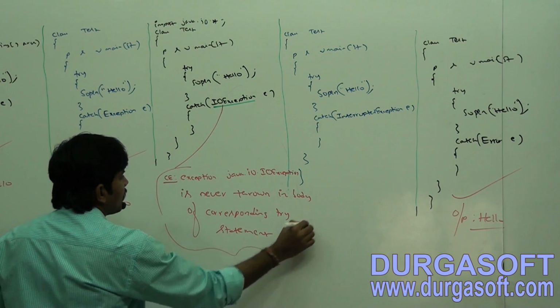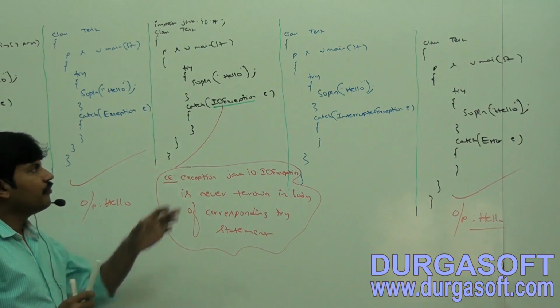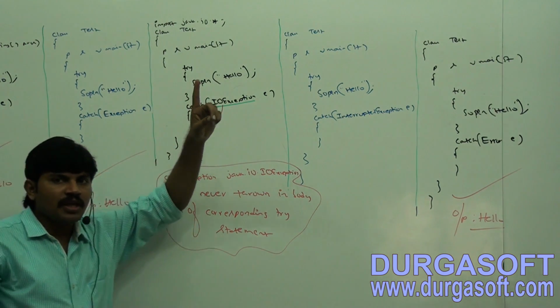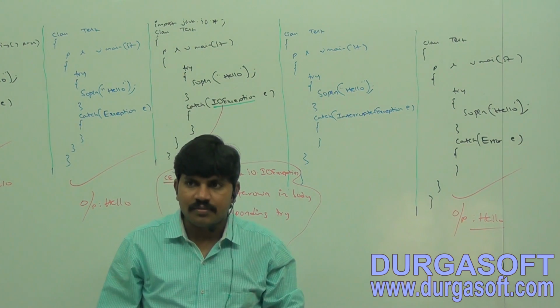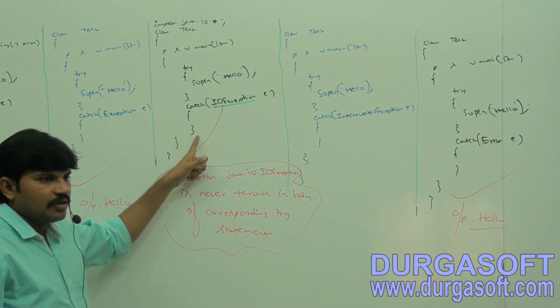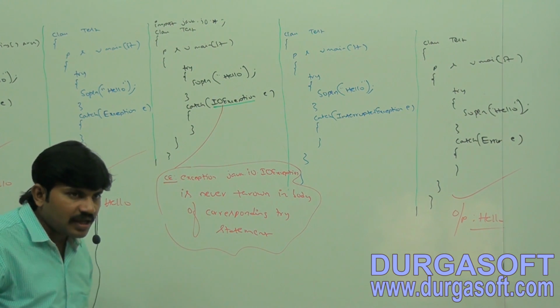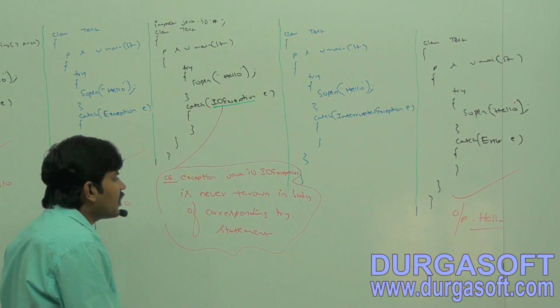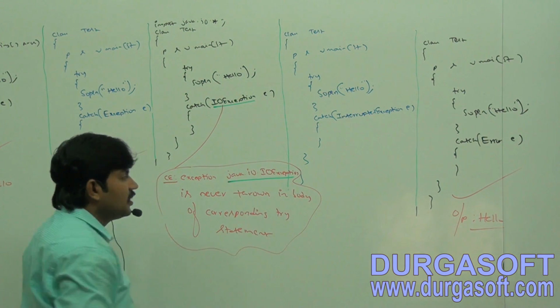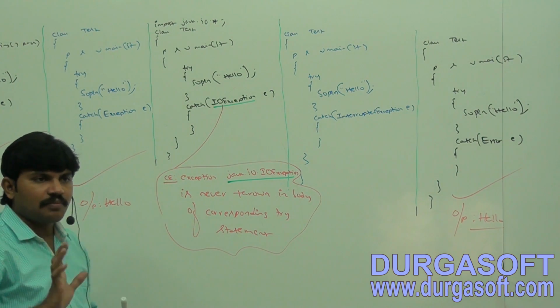Let me repeat once again. Within the try block, if there is no chance of raising an exception, then it's never recommended to write a catch block for that. By mistake, if you write a catch block for that, we are going to get a compile time error saying exception java.io.IOException is never thrown in body of corresponding try statement.